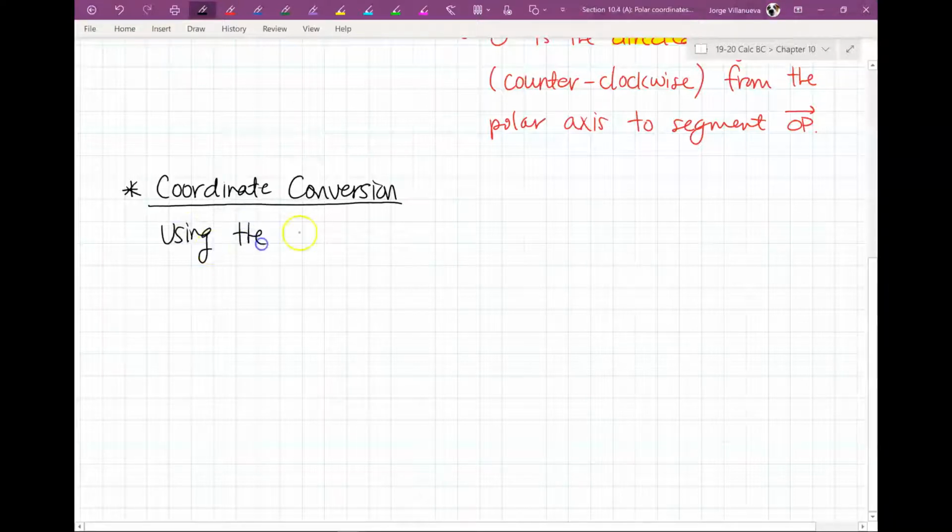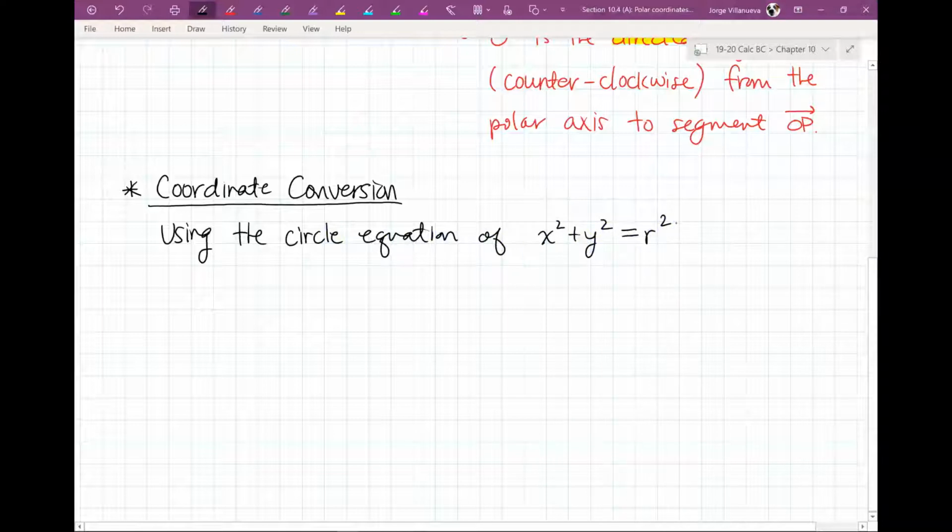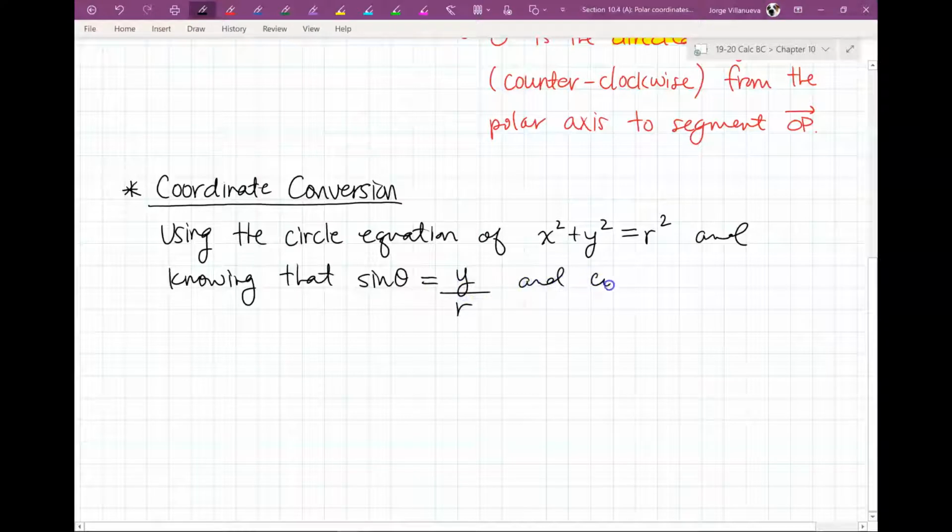Using the circle equation x squared plus y squared equals r squared, and knowing that sine of theta is equal to y over r, and cosine of theta is equal to x over r, we find that x is equal to r cosine theta.